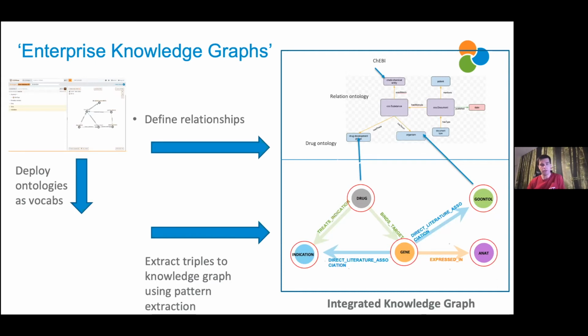But this idea that there's something useful about building a very broad knowledge graph, what they call an enterprise knowledge graph, that spans many different domains within some of the larger industries, I think is important. It's another one of those things that happened in academia a little while ago, and now I think industry is starting to come around to the idea that it's useful, it's something they want to do. So it's no longer just the domain of people doing a little bit of R&D and testing whether this works.